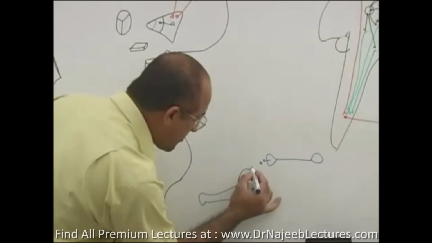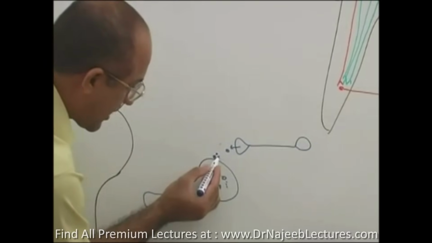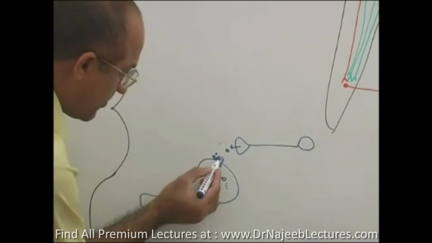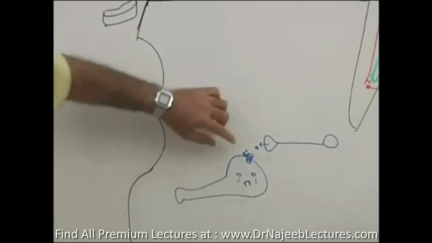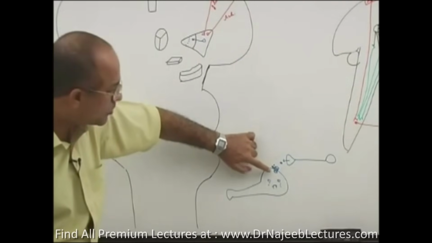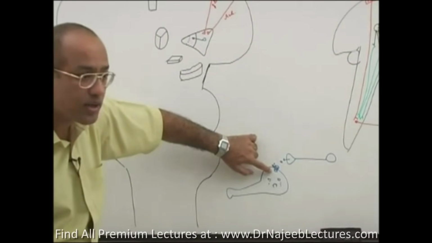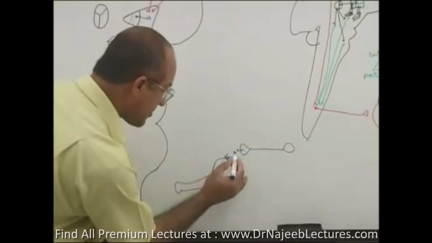This Gaba will come and bind with this receptor, and this receptor of the Gaba is actually coupled with a chloride channel. It means whenever Gaba binds with this protein, it automatically opens which channel? Chloride channel. Now chloride is present more outside the neuron.